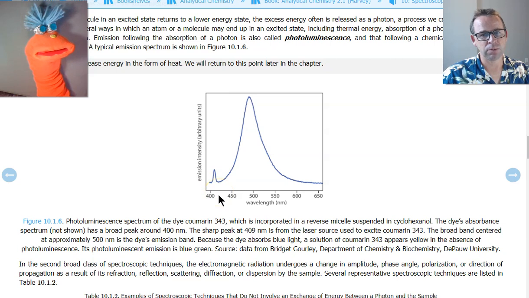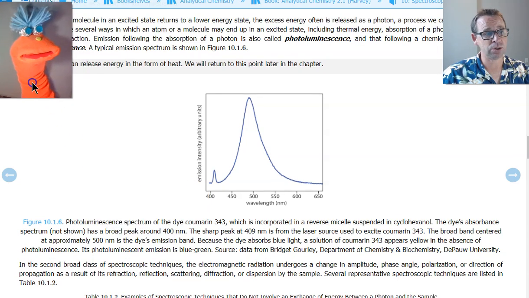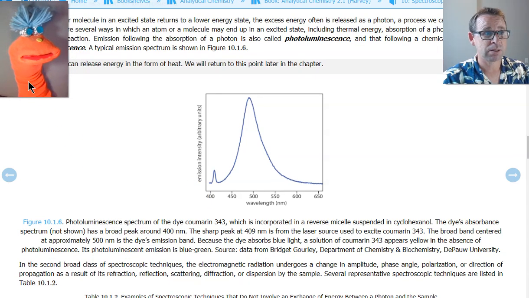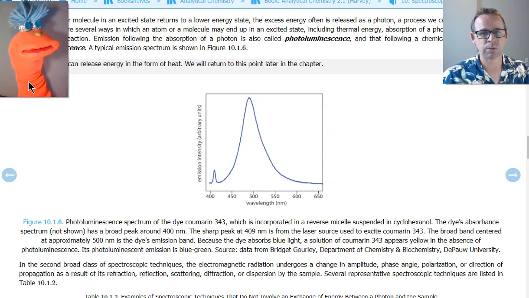Now, if a molecule or a system can absorb energy and then re-emits it, it's always going to be re-emitted at a different wavelength, and it's always going to be a lower energy. The photon of energy that's released is going to be lower than that of the energy that it absorbed. It can't release more energy than what was absorbed, and it can't release the same amount because a certain amount of it went into the molecular motion.